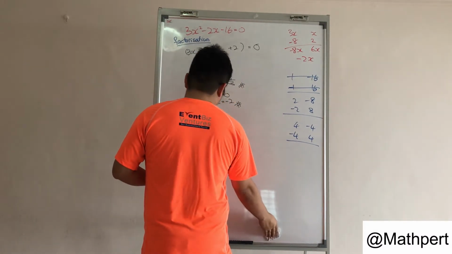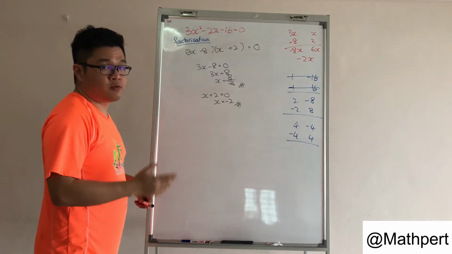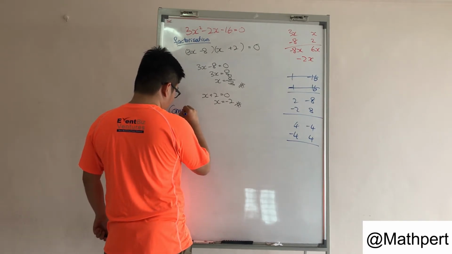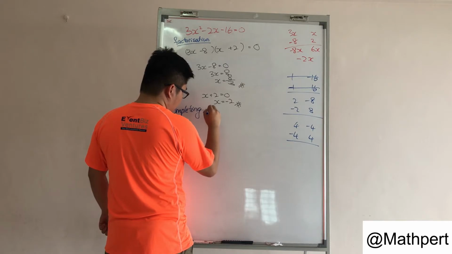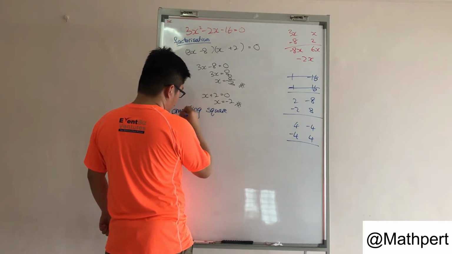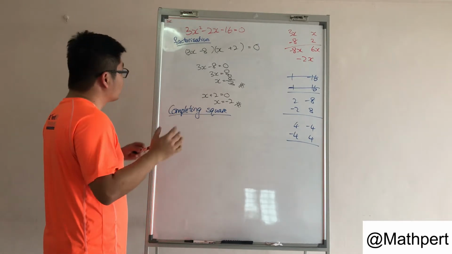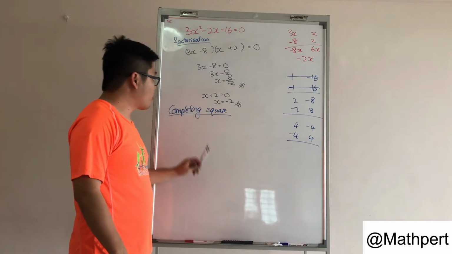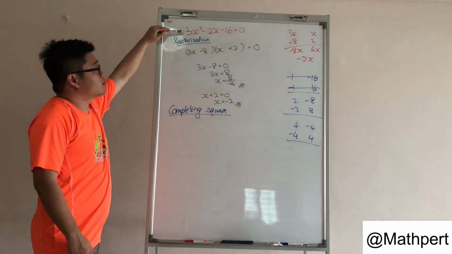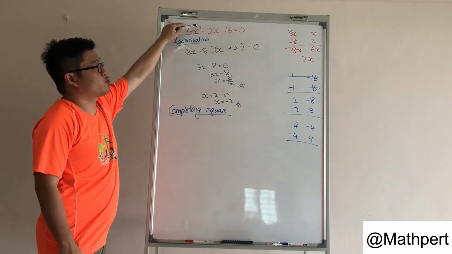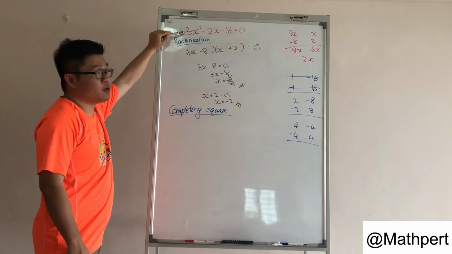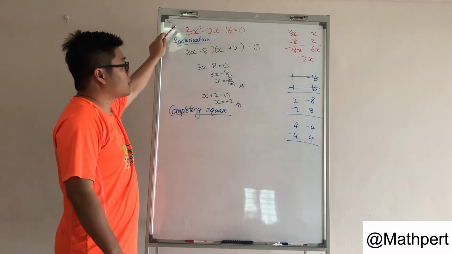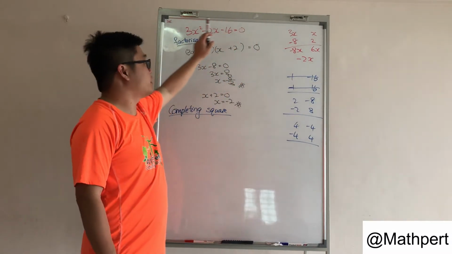So let me show another method, which is completing the square, using the same quadratic equation. For completing the square, we have to make the coefficient of x squared, which is a, become 1. So how do we make this 3x squared become 1? We divide the whole thing, both left hand side and right hand side, by 3.